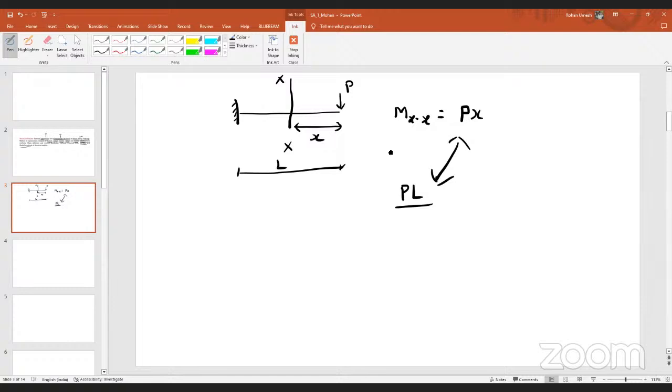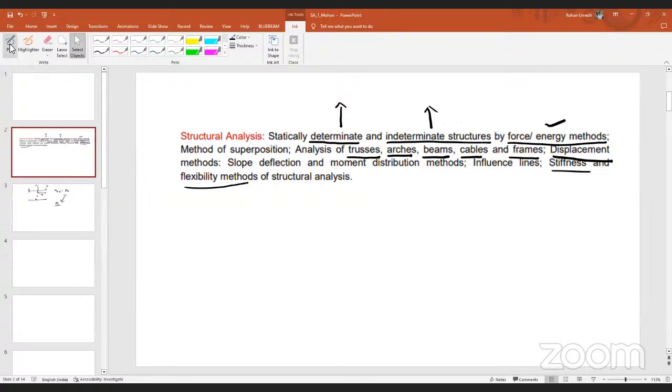The first thing that we have to learn from this is that we should know the application. I know the formula: summation of Fx equal to 0, Fy equal to 0, summation of My equal to 0. But by using those equations, to what extent can I apply them in real problems, or in the problems that we get in the exams?